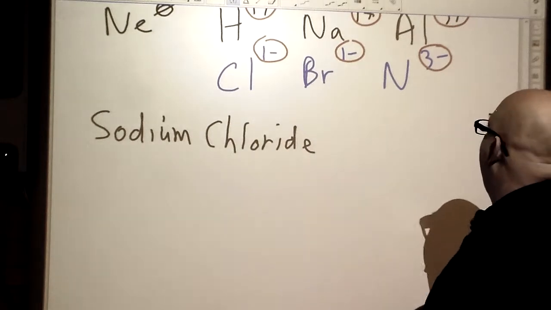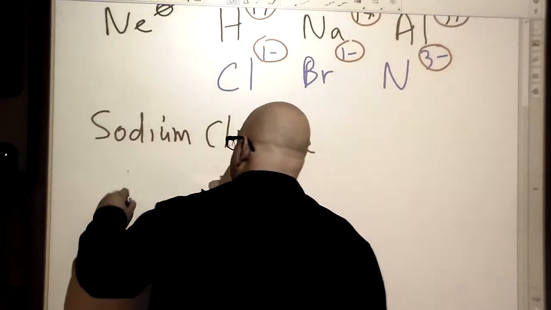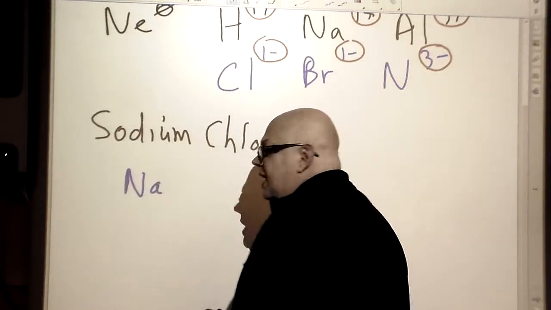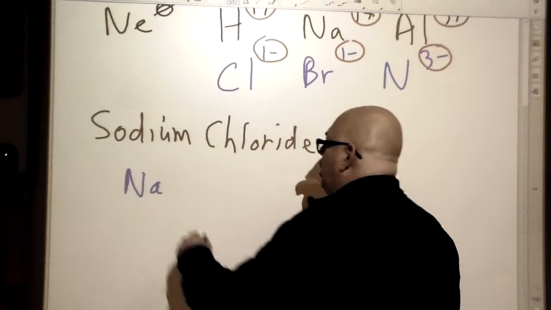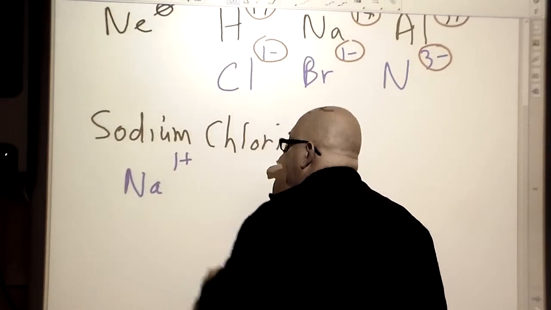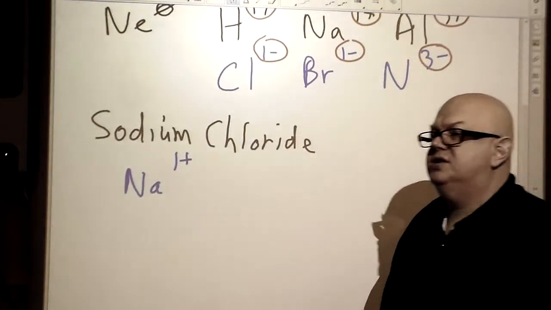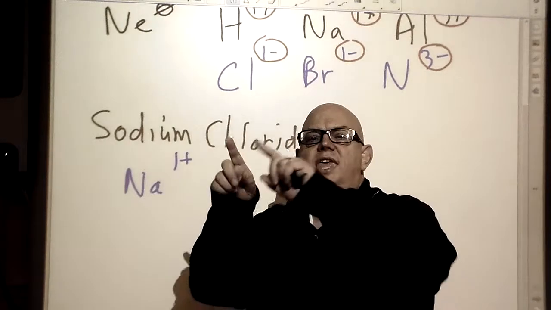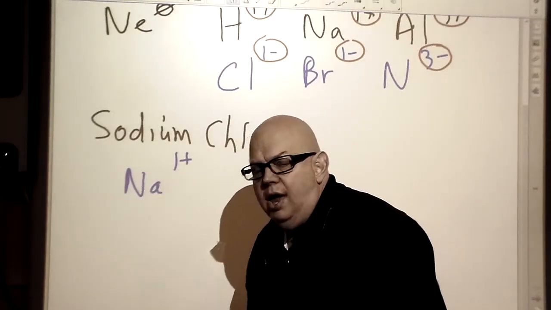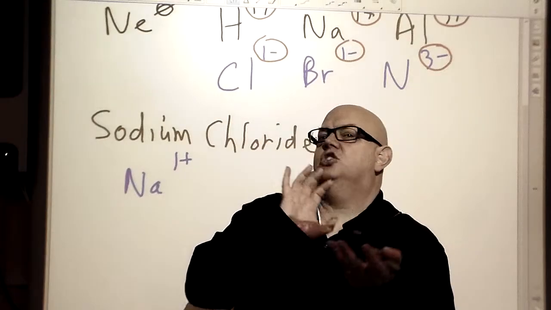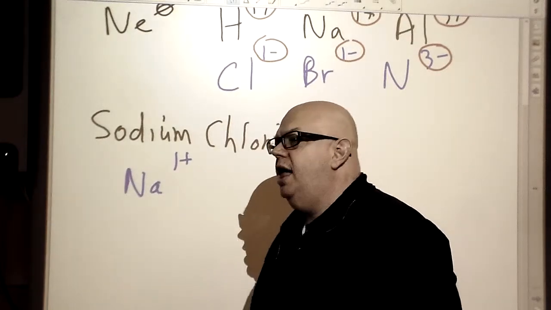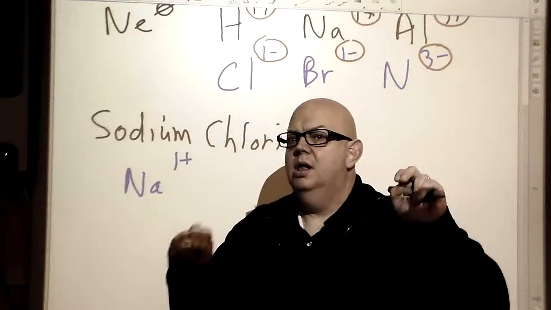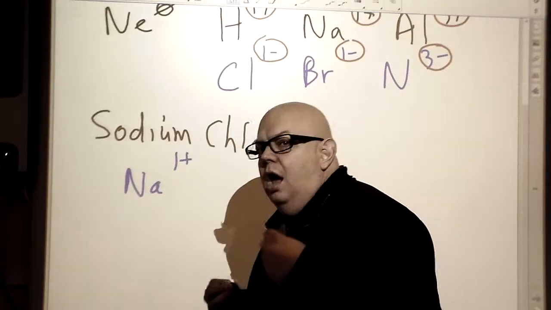What does sodium have? Sodium is Na, and it has a +1 charge. In earlier videos, we talked about why sodium would normally have a +1 charge: because it wants to imitate neon, have 8 electrons in its outermost valence shell, and thus be like a noble gas.